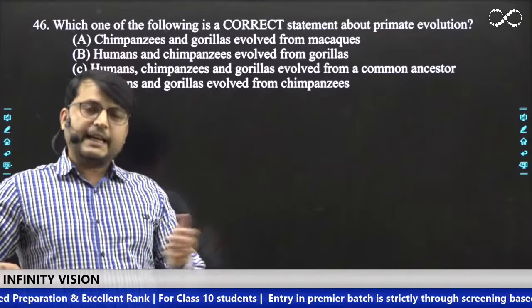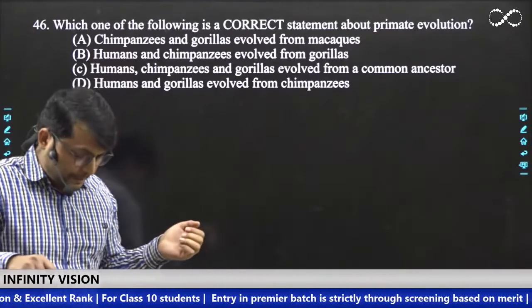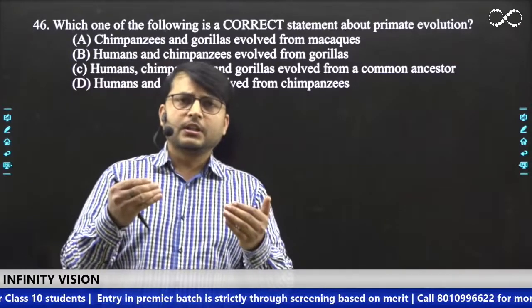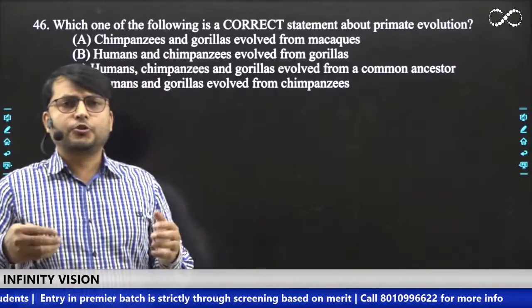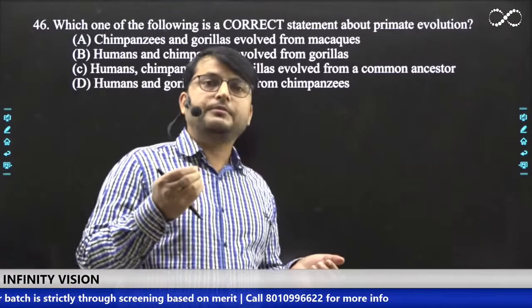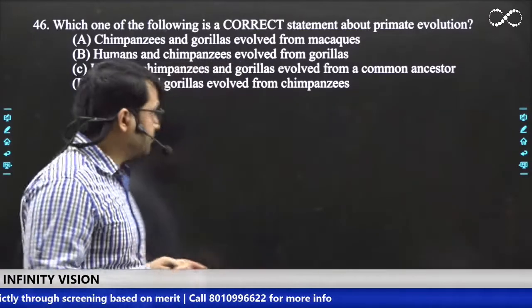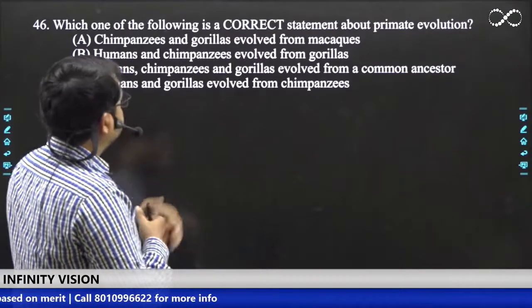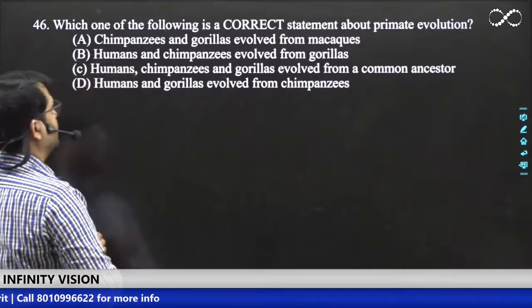We had previously discussed this, and I showed you a table which had the detailed flow chart showing the human evolution. In fact, that was the flow chart of primate evolution. Anyway, we will discuss which is the correct option about primate evolution.